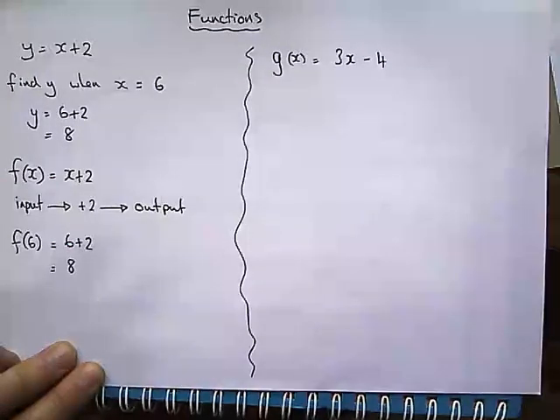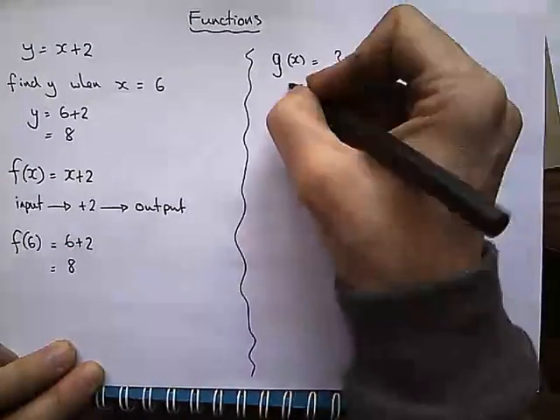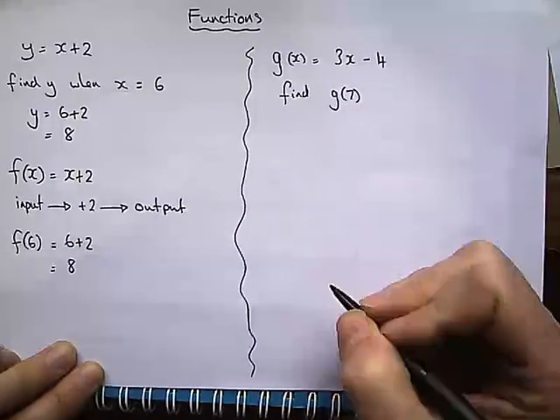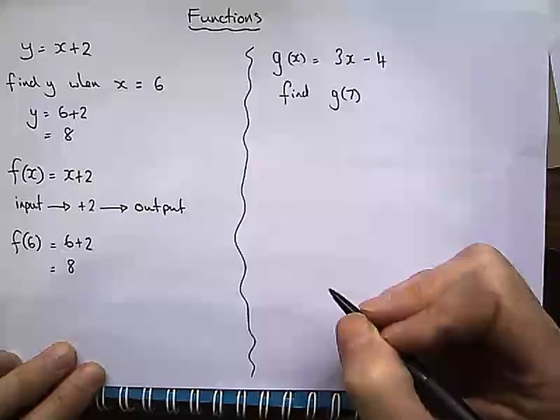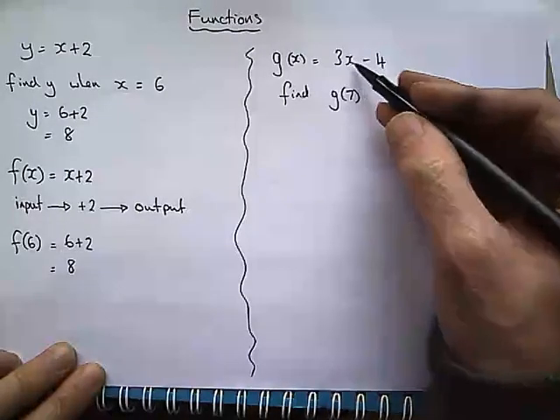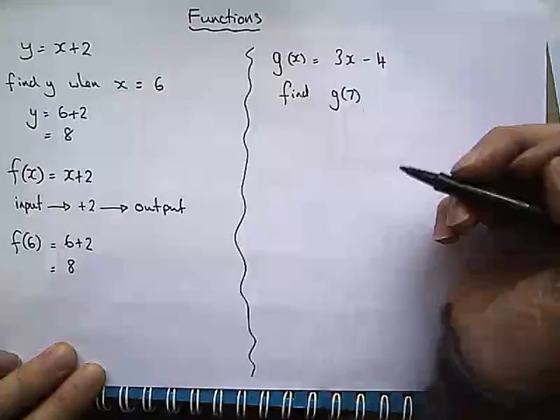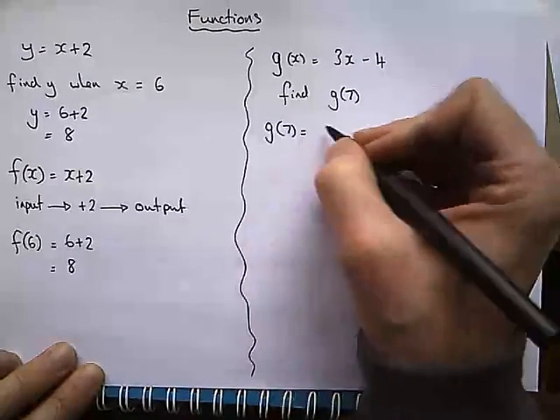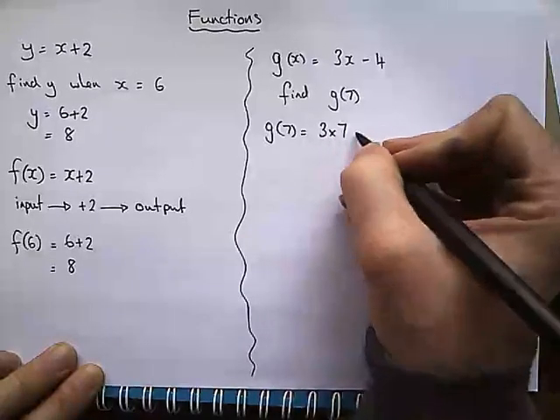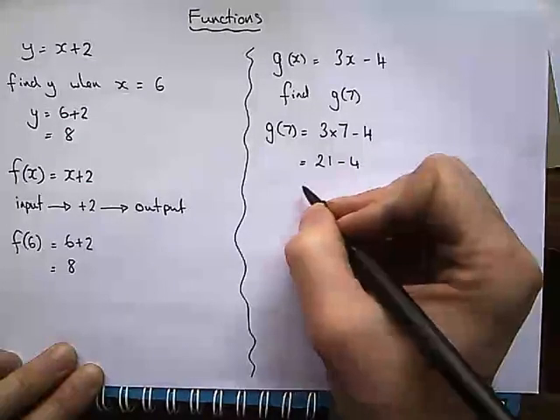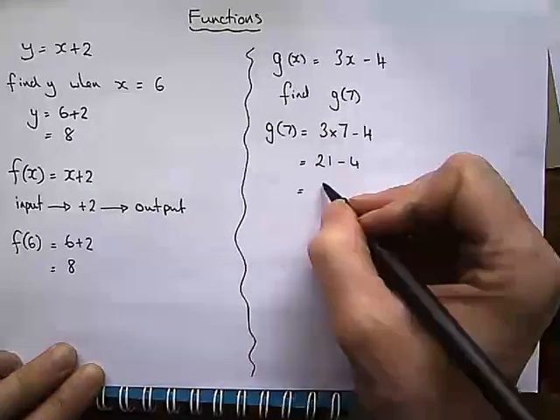And they might ask you to find g of 7. So what I'll do is I'll replace every x value in this function by the number 7. So g of 7 equals 3 times 7 minus 4, which equals 21 take away 4, which equals 17.